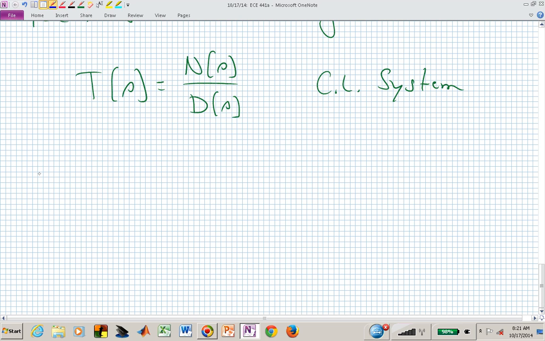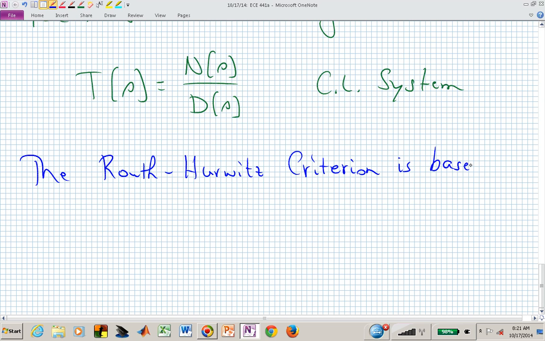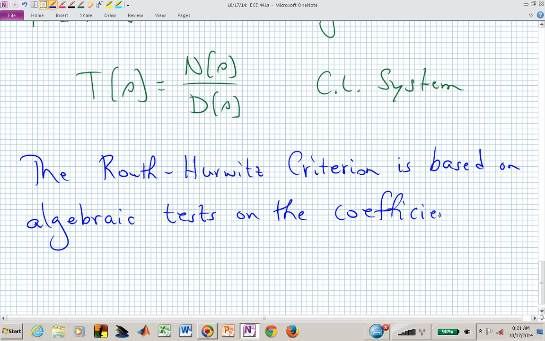And this test, or criterion, the Routh-Hurwitz criterion, is based actually on algebraic tests on the coefficients of the denominator polynomial.